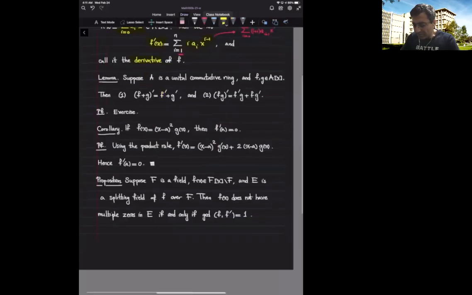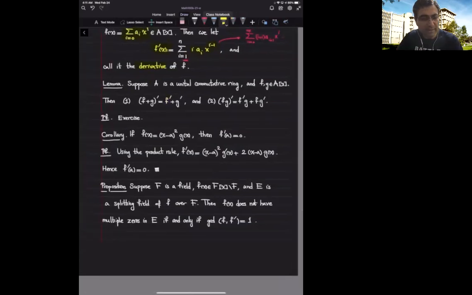The key point is that even if we define this in this formal way, still the derivative of a summation is the summation of derivatives, and still we do have the product rule, meaning the derivative of f times g is the derivative of f times g plus f times the derivative of g.